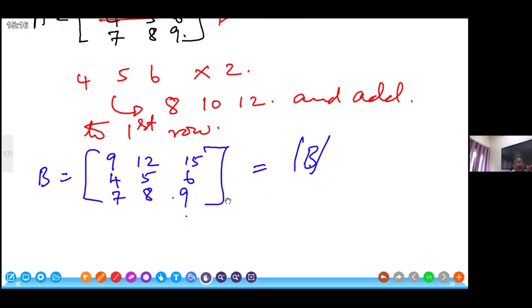So here you will see the determinant of A is going to be the same as the determinant of B. So that is the next rule. All right. Any questions?